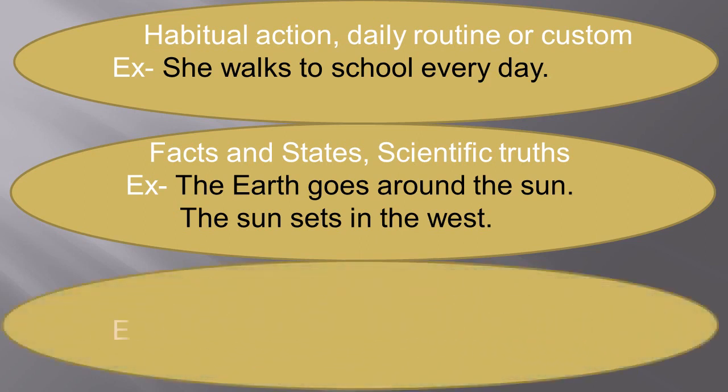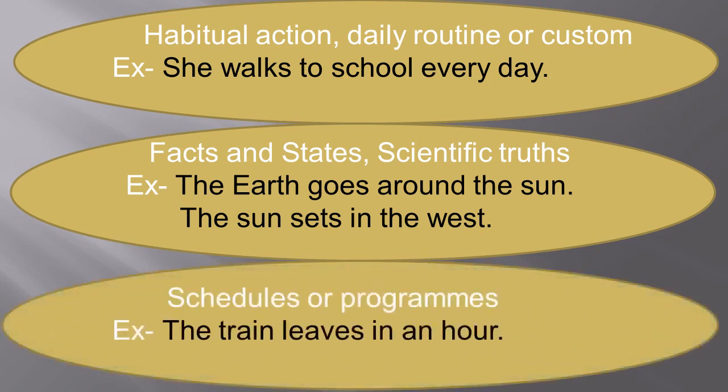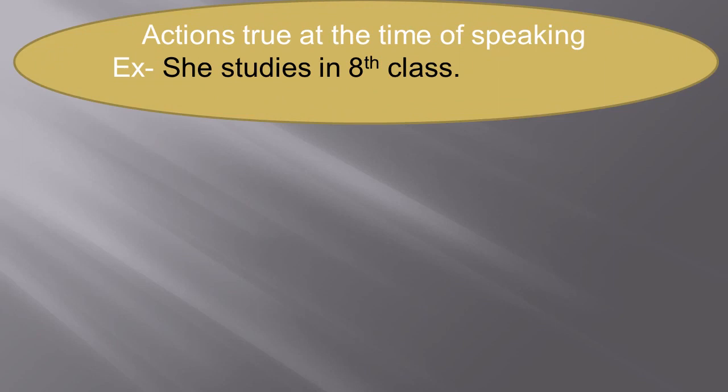Next use, we have schedules or programs. For example, the train leaves in an hour. This tense is used to describe the schedules or the programs at the time of speaking, which is true. Next, it is used to describe actions which are true at the time of speaking.